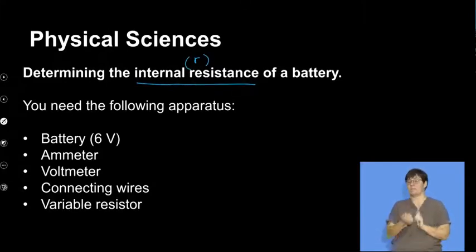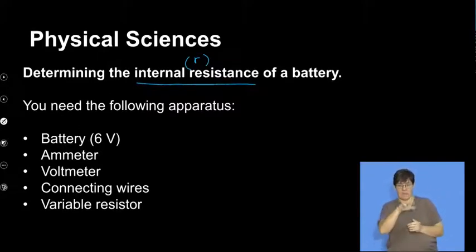In this case, we'll use a 6-volt battery. It can be any battery for that matter. This is not prescriptive. As long as there is a battery with some voltage, we can safely say that you can determine its internal resistance.